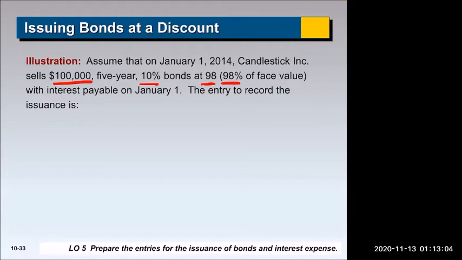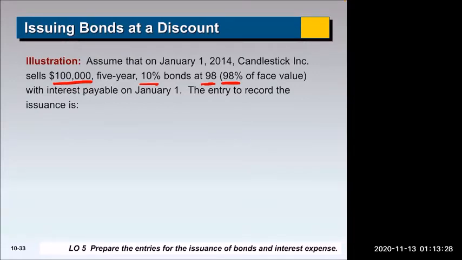I'm selling $100,000 of bonds. If I'm selling them to you, how much do I owe you when this is over? Well, I owe you all the interest payments, but I also owe you $100,000 at the end, don't I? The bond says $100,000. I owe you $100,000 at the end.